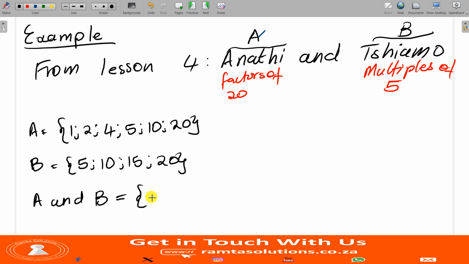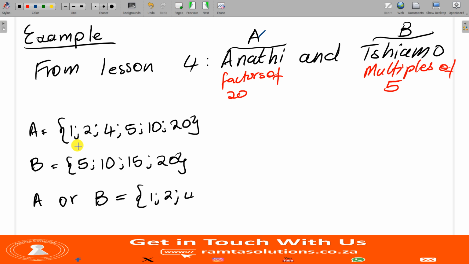If you recall, A or B is a set that contains the elements that are in at least one of the sets. A simple explanation: let me start with or first.